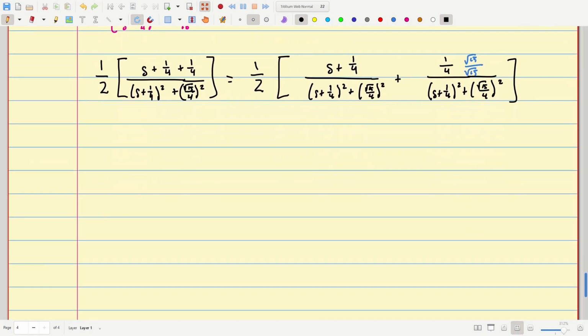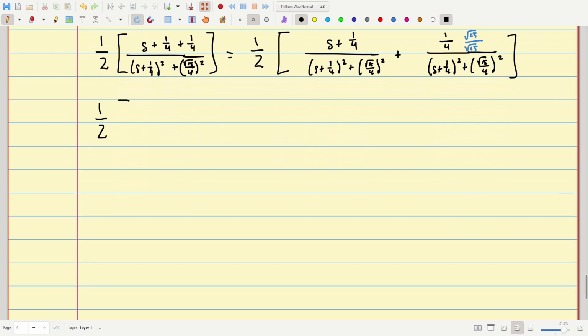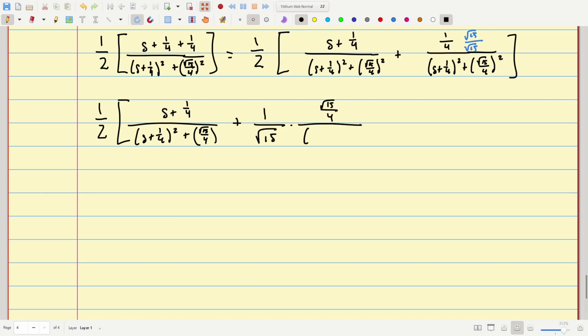After multiplying by 1, I can change how the expression is written to make it look like that.